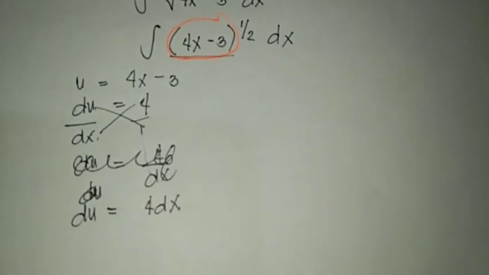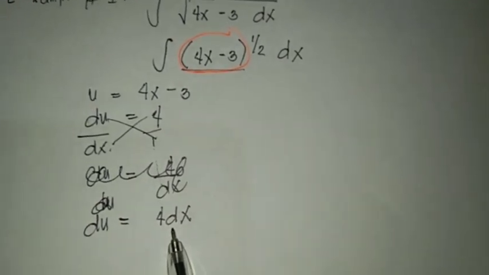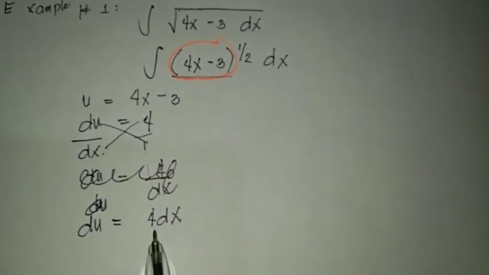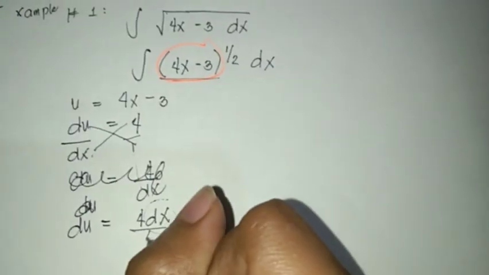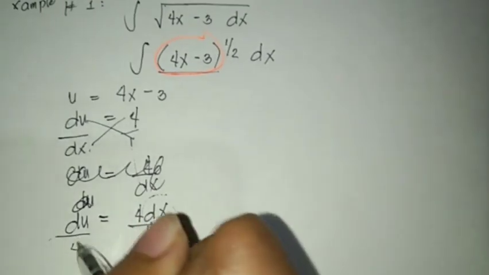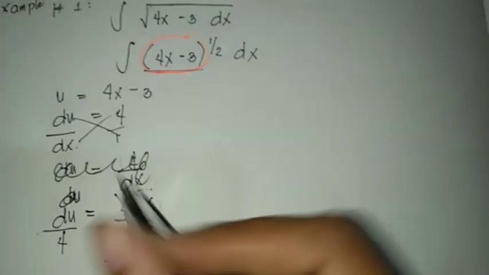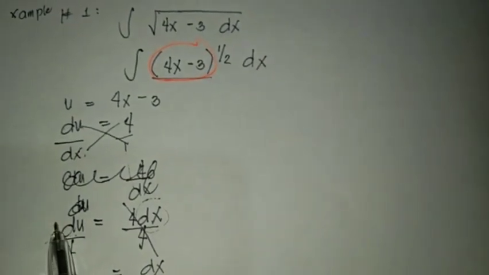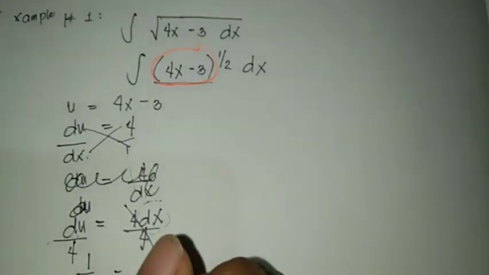So to find the value of dx, we need to divide this by 4 on both sides. So the value of our dx is du over 4, which is 1/4 du.